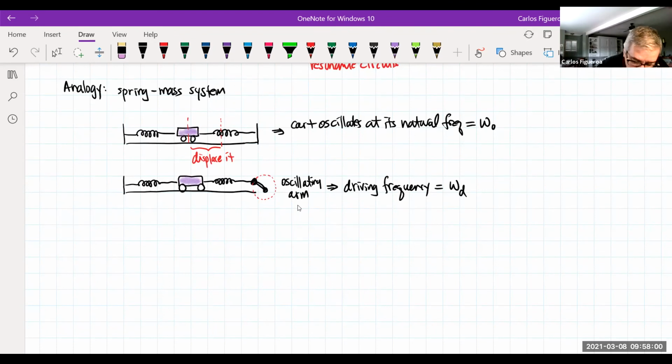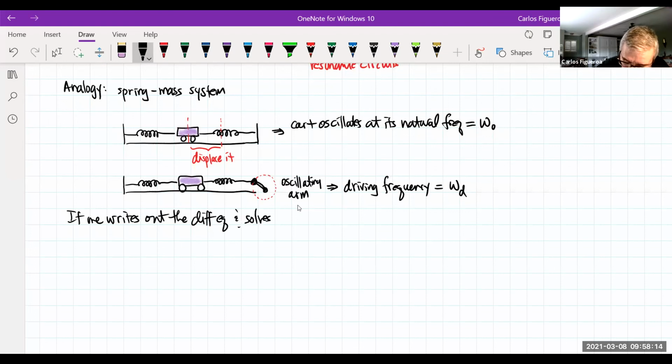Let's not talk that way. So if one writes out the differential equation and solves it, one gets that the amplitude is frequency dependent, and it looks like this. It says the driving frequency minus the natural frequency, and then you have a constant term.